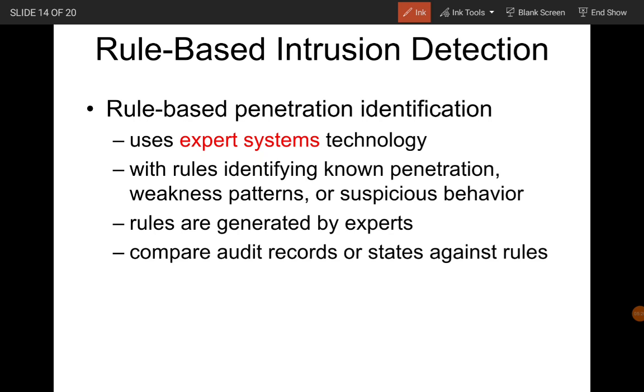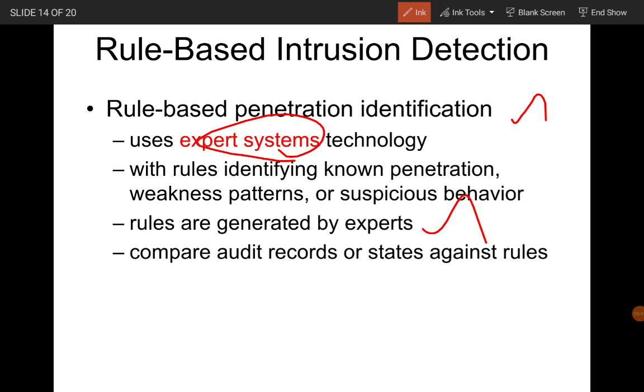Under rule-based intrusion detection, we have penetration identification. Here we use expert system technology. With the rules, we can identify the penetration, the suspicious behavior. As I told, all the rules are generated by the experts.